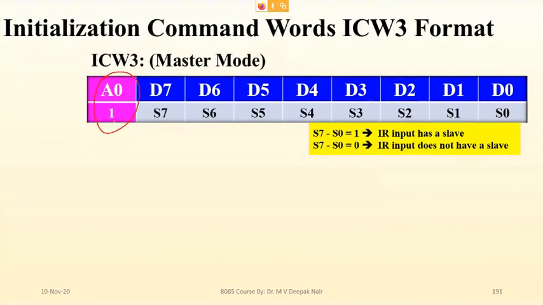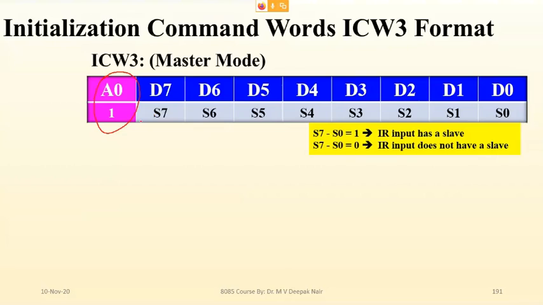In the 8259 there is one chip select and the other is A0. Only these two lines identify the address of the IC plus the address within the IC. So inside the IC there are only two addresses, the lower port when A0 is 0 and the higher port when A0 is 1. So ICW3 falls in the higher port, because A0 is 1.